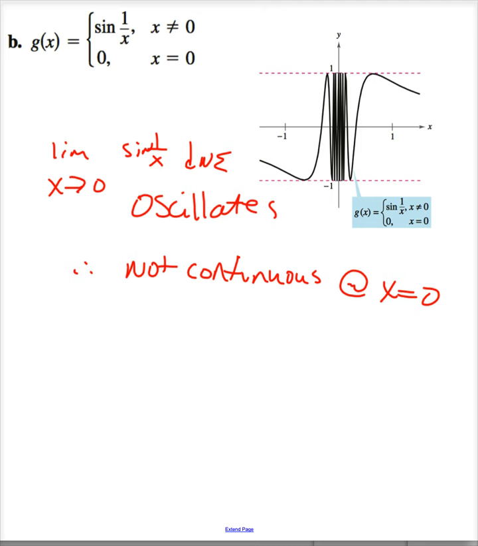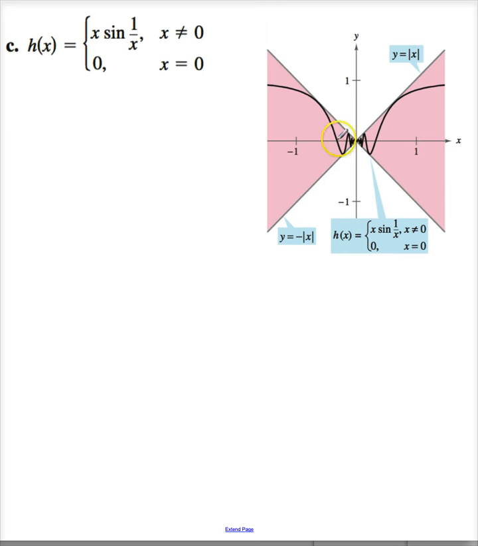Now, let's look at this function. h of x is x sine 1 over x when x does not equal 0, and it is equal to 0 when x does equal 0. Now, we've already shown, using the squeeze theorem, that the limit as x goes to 0 of this thing is 0.